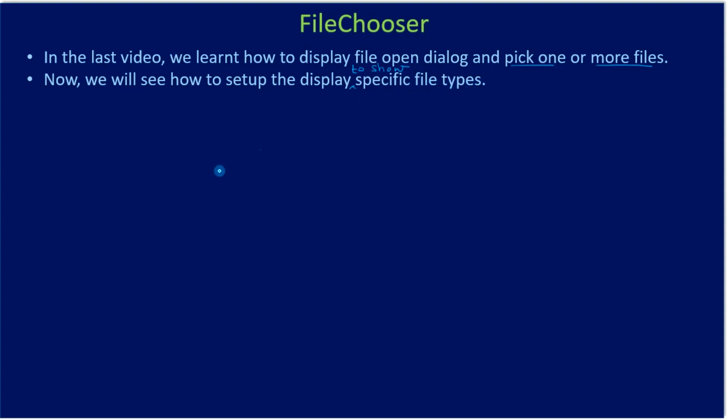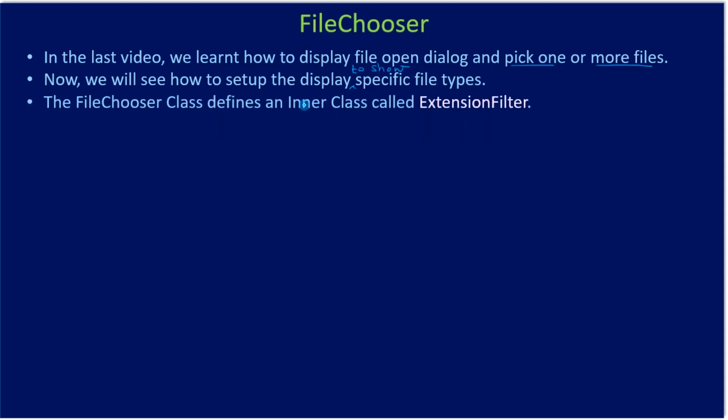specific file types. So here the display is our FileChooser dialog. The FileChooser class defines an inner class called ExtensionFilter. Using this ExtensionFilter we can specify what kind of filter can be applied using the FileChooser dialog.